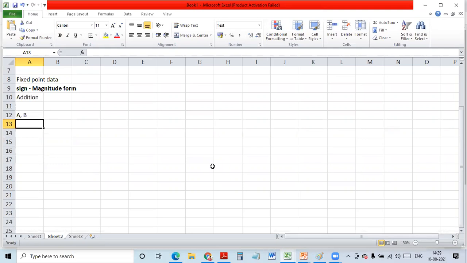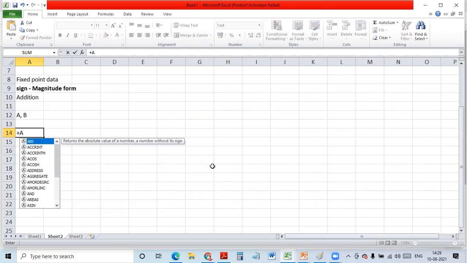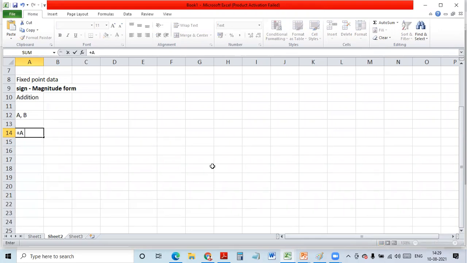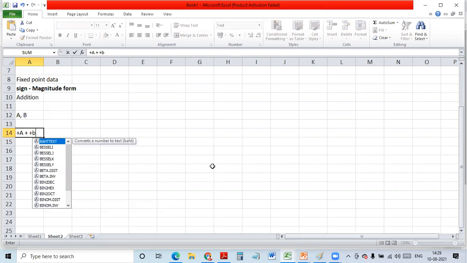So let us suppose I want to perform an operation with my A, where A is plus A, and add another number B, which is plus B.